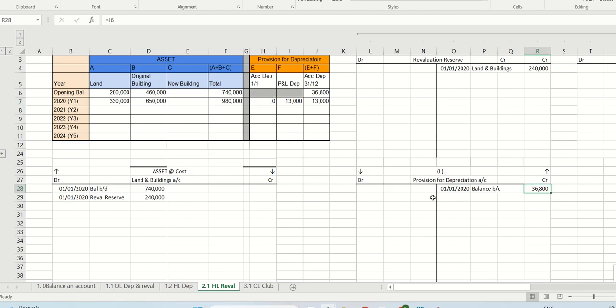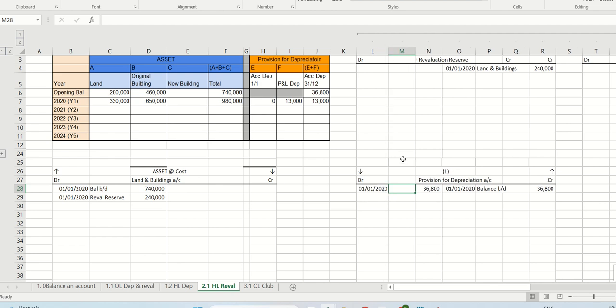We have 36,800 in there, and we're going to get rid of that by putting it on the debit side to reduce it, because it's a liability account, 1st of the 1st, 2020. And let me just widen my column, sorry. And we're calling it Reval Reserve.